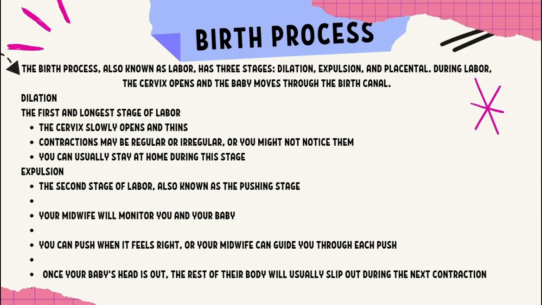So then expulsion, which is the second stage of labor, also known as the pushing stage. So basically, when the pregnant person goes to the hospital and they check and say, wow, this much dilated. And then I say, well, listen, you already have the baby. So when they do that they hook you up on the hospital bed, put on a drip and whatever you need.